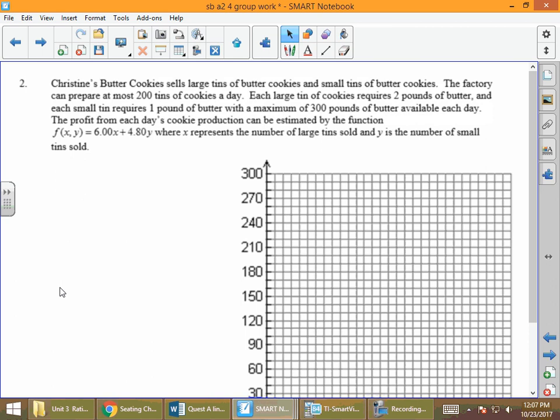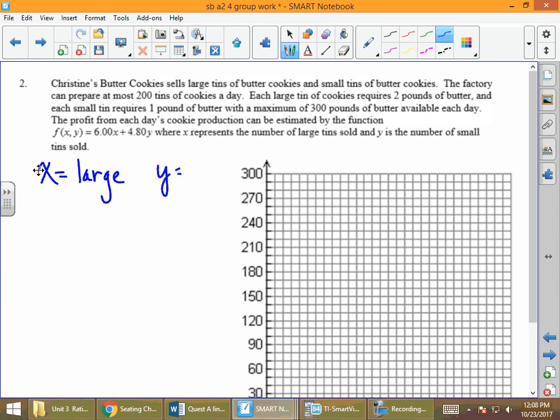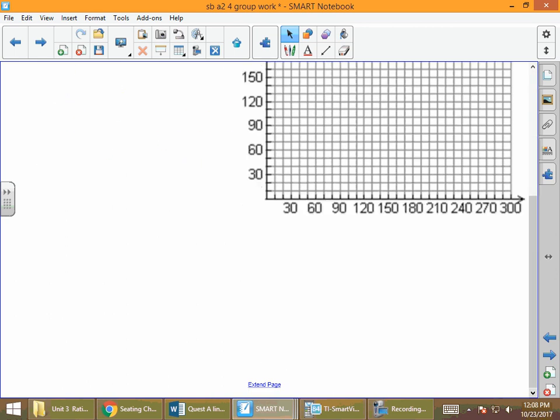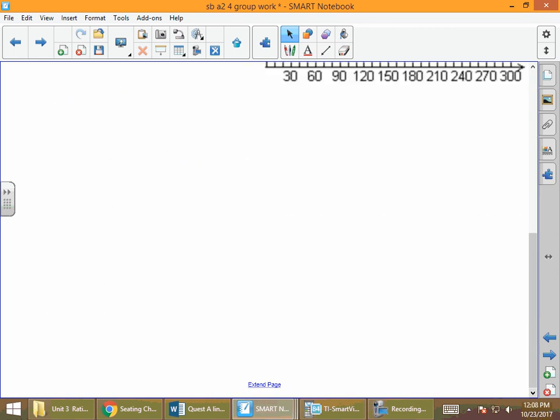And typically what we do on these problems is we start by labeling: what does x equal and what does y equal? I know that's already in the problem, but I'm going to write it just for myself. X is going to be the large tins and y is the small tins. The second thing we do is write down the profit function, our f of x and y.